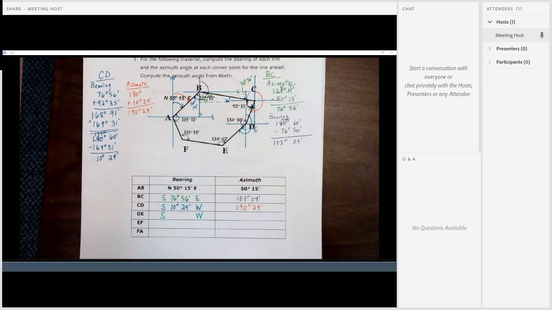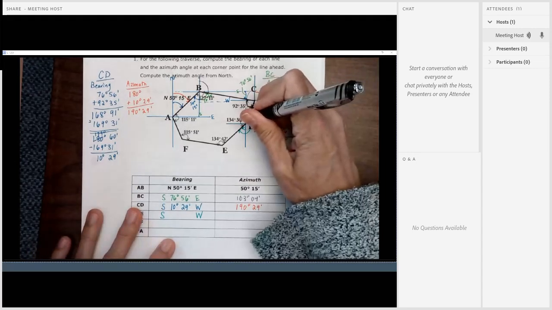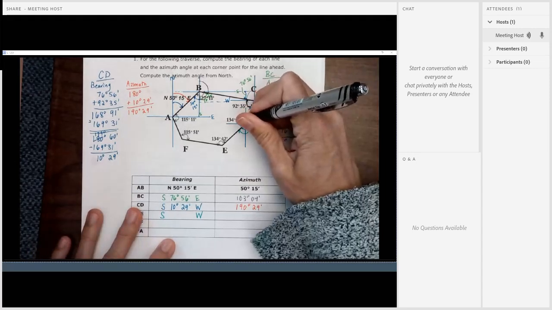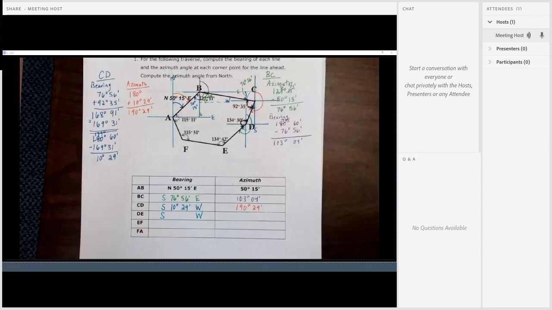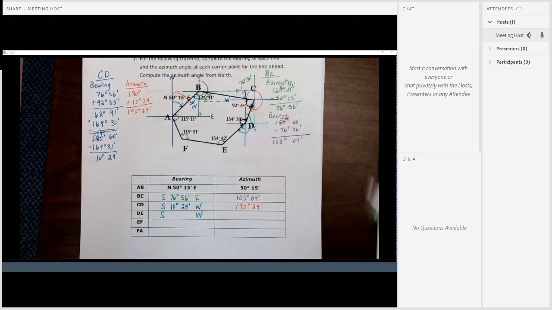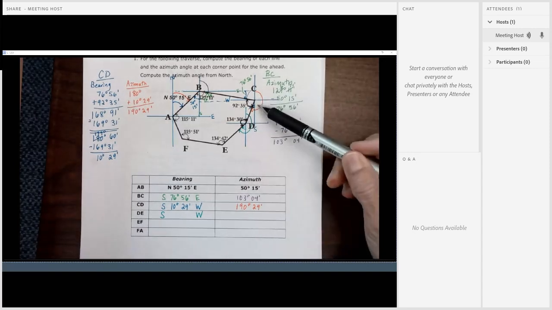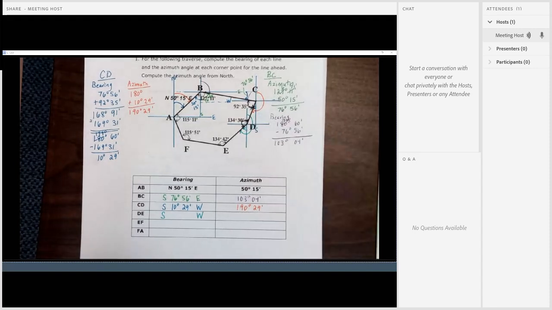So again, I know an interior angle here, and just sometimes these don't get drawn in all the way. So that's all the way this interior angle that I know, 134 degrees and 30 minutes. Again, I've got my information from my previous angle, so I did figure out what that bearing was, that 10 degrees and 29 minutes.